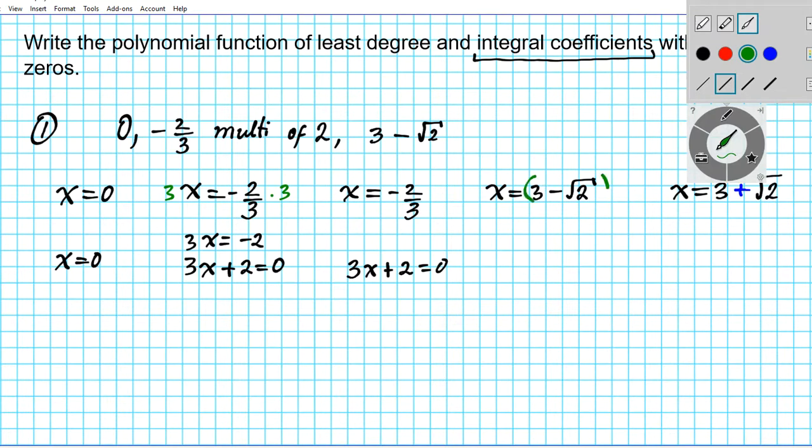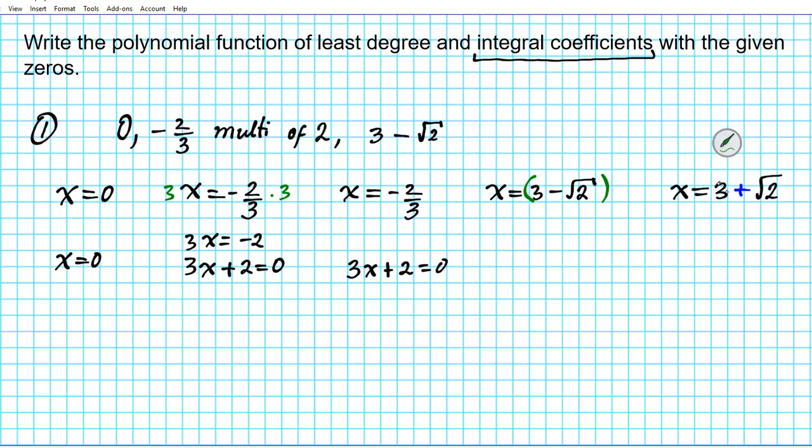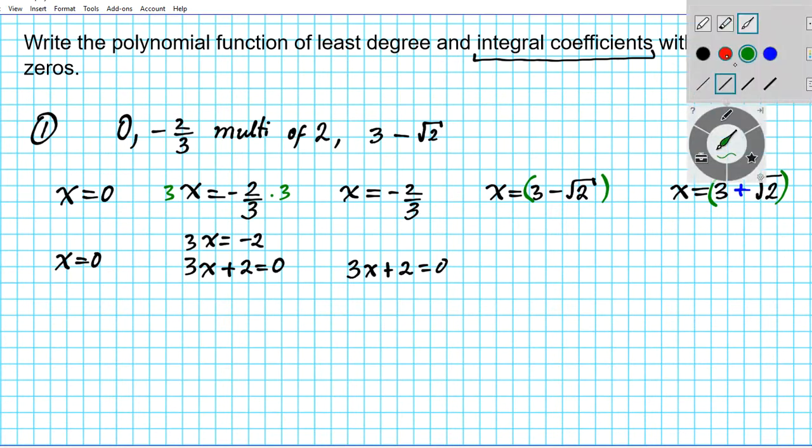Okay, so let's group them in parentheses. And then we're going to subtract them as a package from both sides with the goal of setting it equal to 0. So from the left side, we're going to subtract the quantity 3 minus root 2. And then here, subtract the quantity 3 minus root 2. That yields x minus the quantity 3 minus root 2 equals 0.